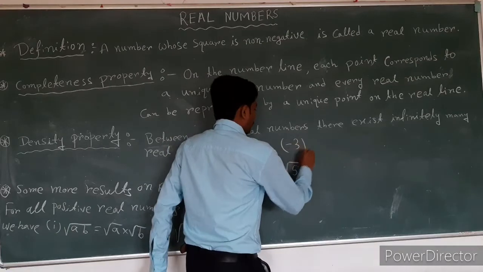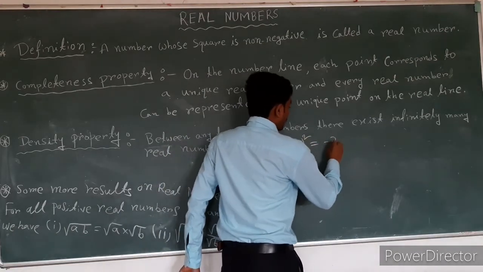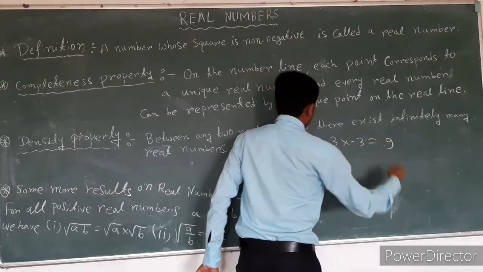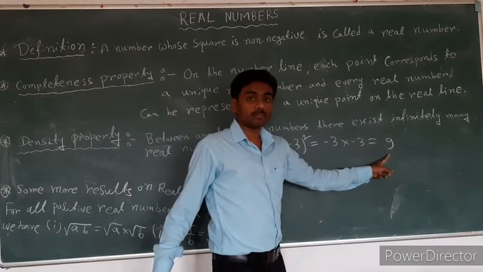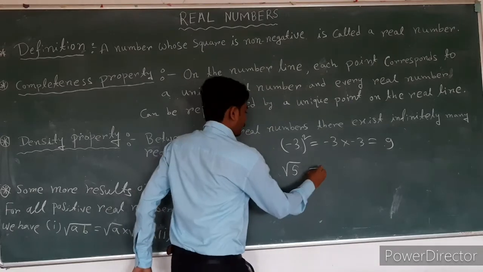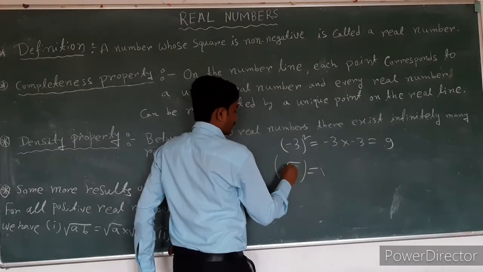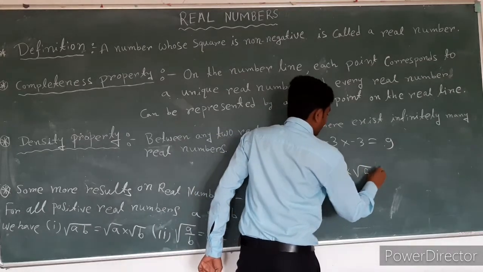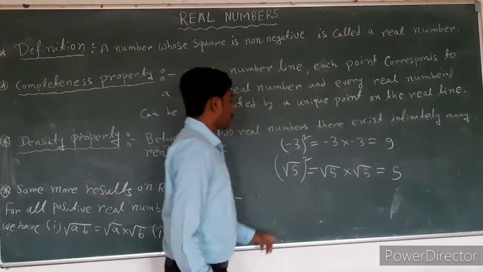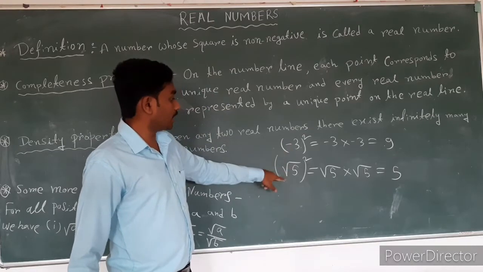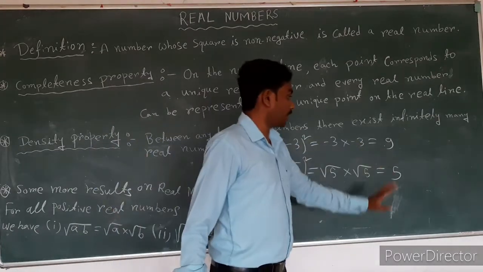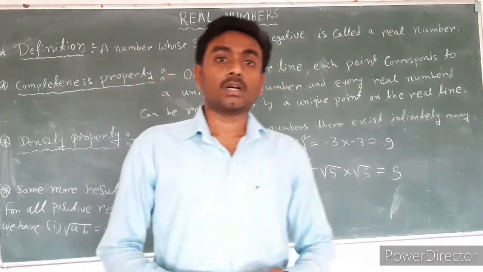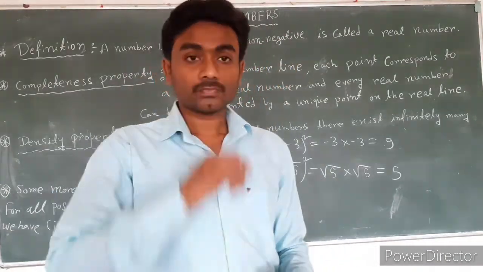Now, (-3) whole squared is equal to -3 into -3 is equal to 9. That is positive. So, (root 5) squared is equal to root 5 into root 5 is equal to 5. So both the squares of -3 and root 5 are positive numbers. So -3 and root 5 are real numbers.